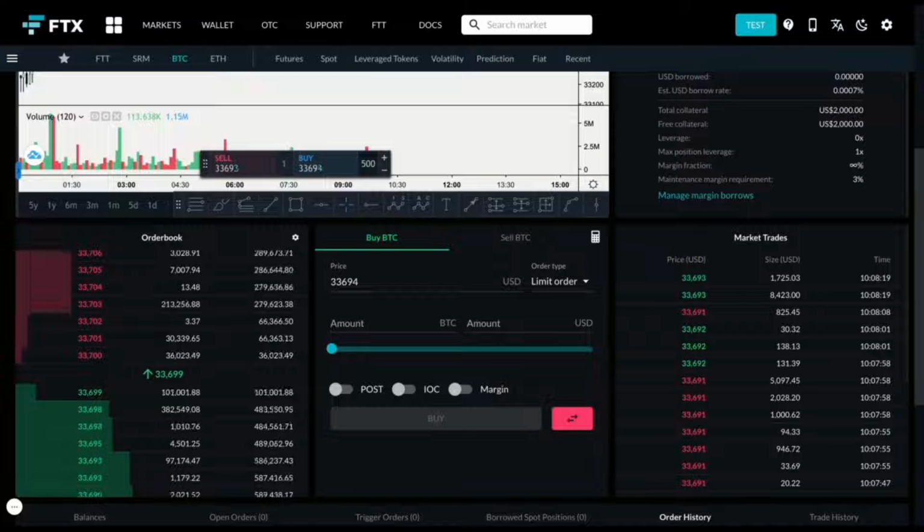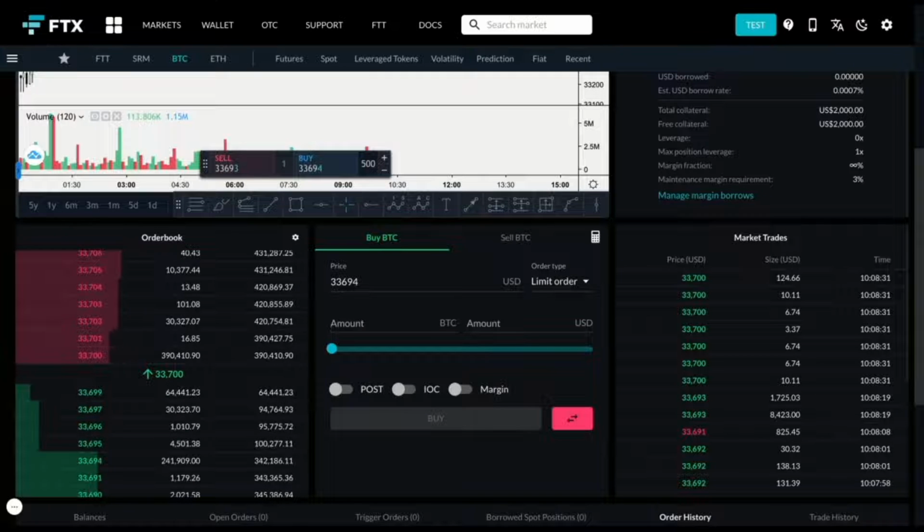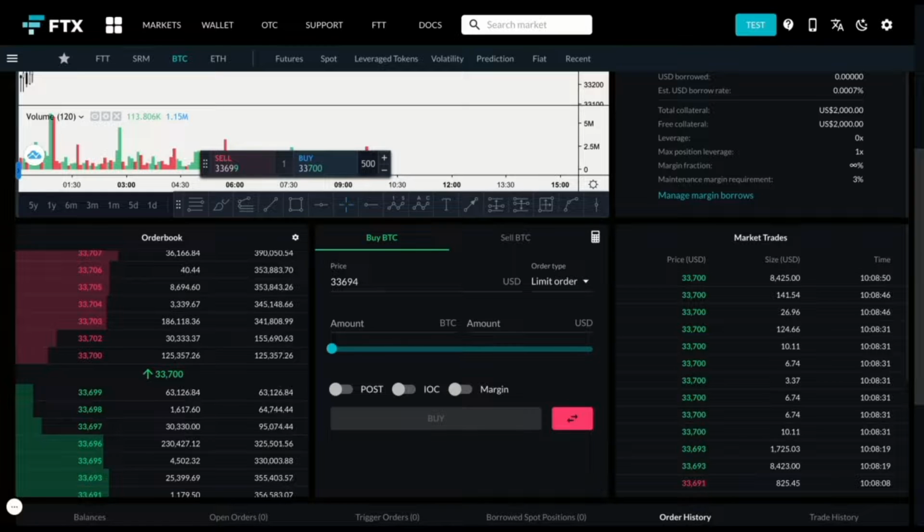If somebody then comes along and wants to purchase one Bitcoin, they will enter one Bitcoin and click buy, and the executed price will go through the books until that order is complete. If there were no other orders ahead of your 33,699, you would sell your Bitcoin to that person and they would buy it. It can get more complicated than that, but that's basically what it means.